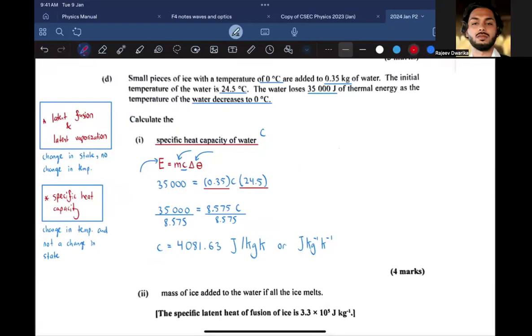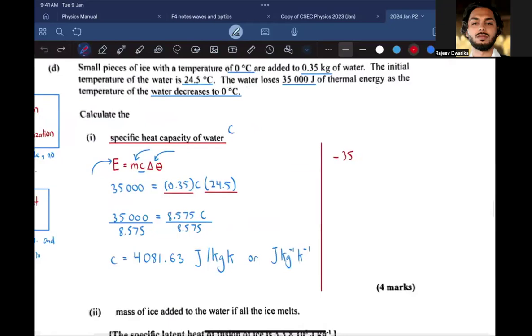Now, some of you would have done it like this. Because they're saying a loss in energy, some of you might put minus 35,000. This is an alternative way to do it, but it's the same thing. The energy is a loss, so you could say minus 35,000 equals 0.35 times C times the change, and change is usually the final minus the initial. So that'll be 0 as the final minus 24.5.